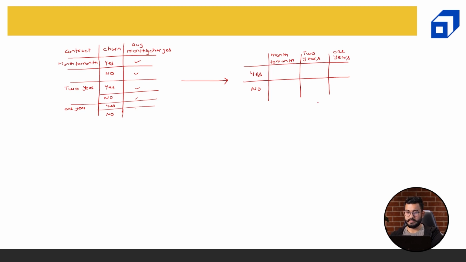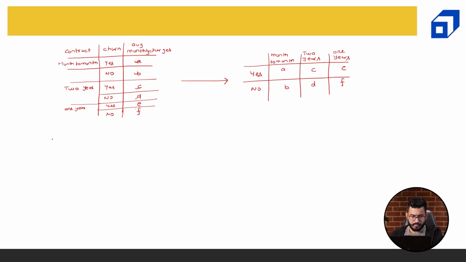Let's say this is what I want to achieve. So let's say the values were A, B, C, D, E, F. Now the values are A, C, E, B, D, F. Let's say this is what I want to create.